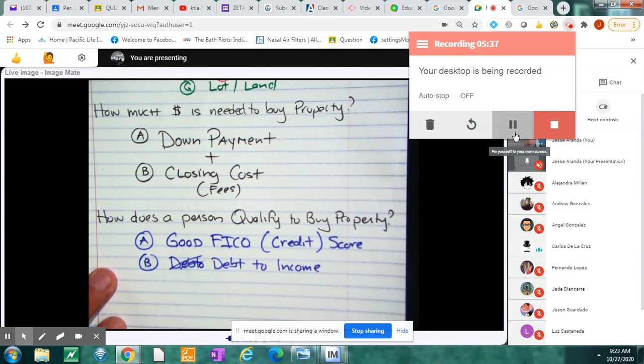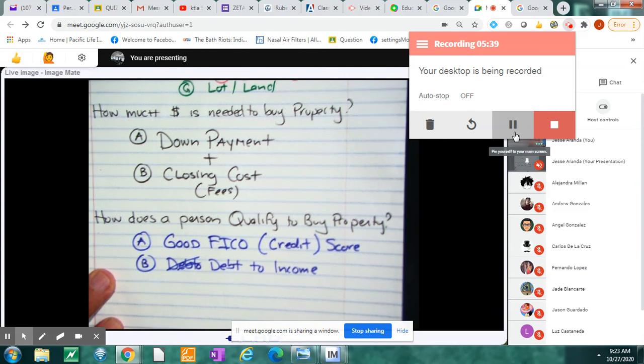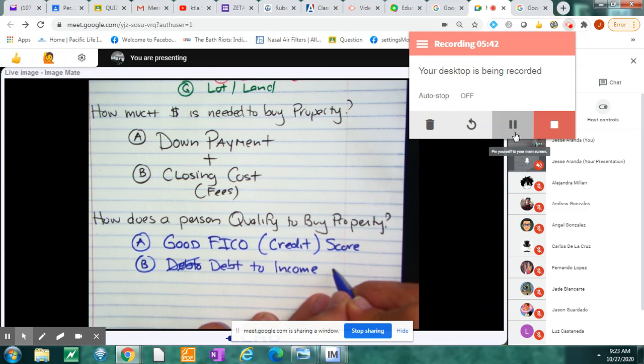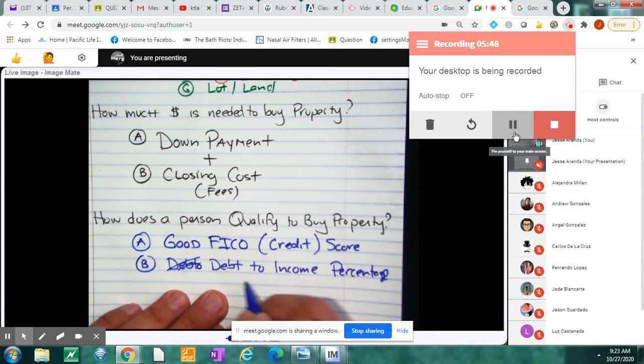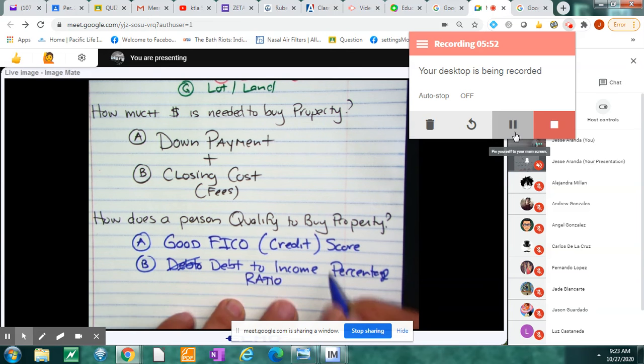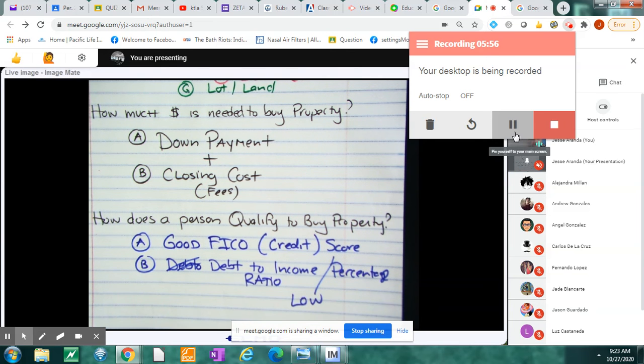Debt to income has to be low. The debt to income percentage or ratio has to be low, meaning your income is the money you make and your debt is what you owe.